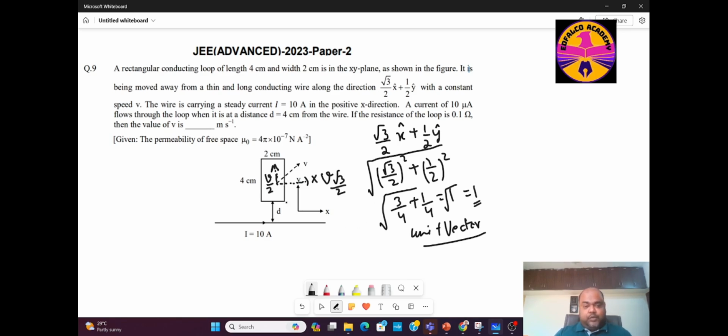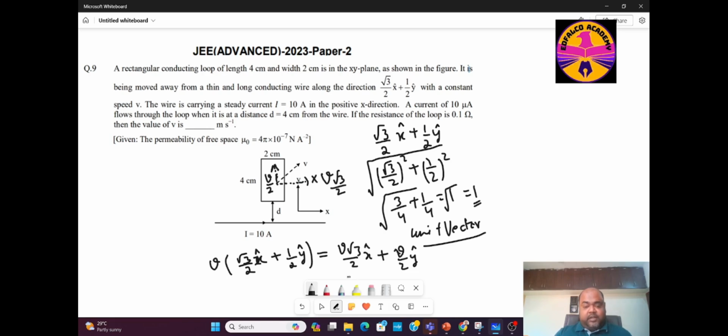The vector will be represented like this: if v is the absolute magnitude of this particular vector, then v is multiplied by the direction of the unit vector. So v root 3 by 2 along x cap plus half along y cap. This is how you are going to write it, and that would mean it is v root 3 by 2 along x cap plus v by 2 along y cap.